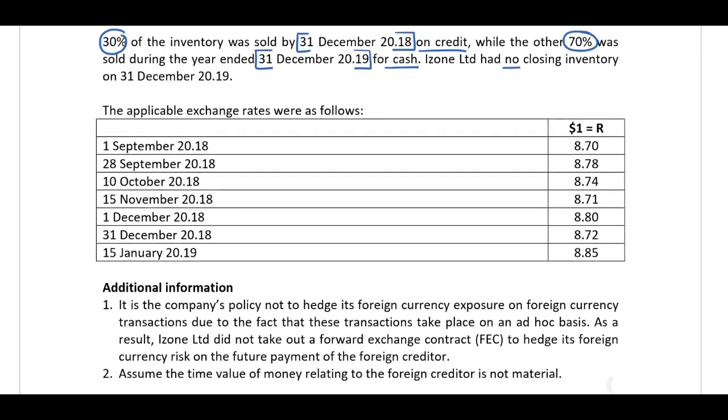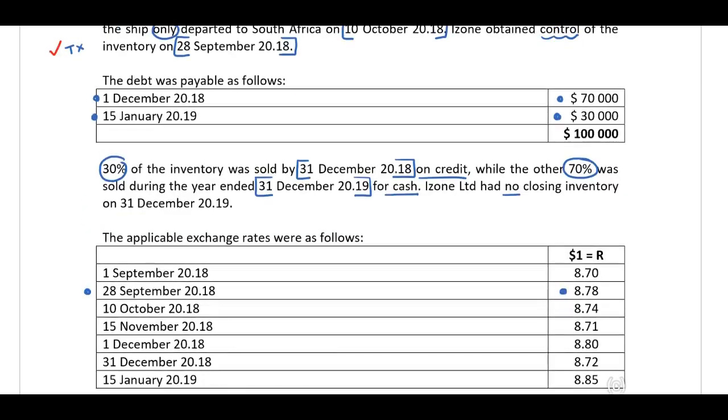Now, when you look at this, we need our transaction date, 28 September 2018, R8.78. And then, guys, important, we will have to remeasure our foreign creditor on 1 December 2018. Therefore, we will have to remeasure our foreign creditor, the portion that we will have to pay, before we recognize the payment.